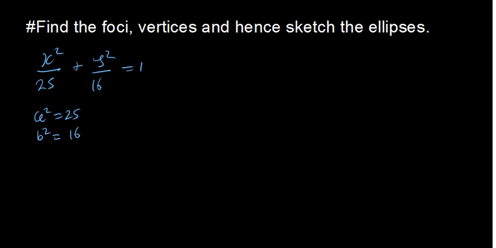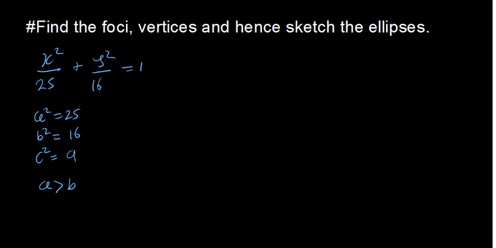So we can determine our c squared by saying c squared is equal to a squared, which is 25, minus b squared, which is 16, giving us 9. Remember, in this case you observe that your a is greater than your b, meaning the ellipse is oriented on the x-axis. That's how, when I just look at the equation, I'm able to tell on which axis it is, and that makes it very simple for me to answer the question because I know where I'm going.